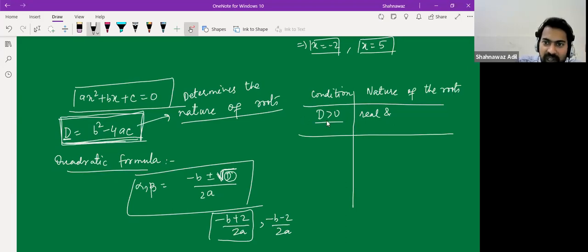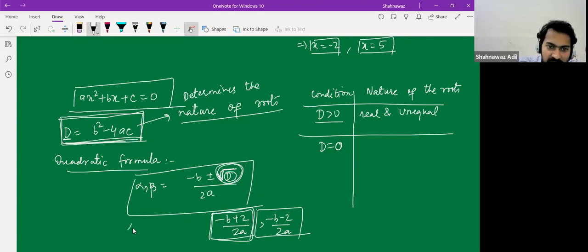If D is greater than 0, then your roots alpha and beta will be real and unequal. Now let's say D is 0, so this part is 0. So we'll have plus 0 and minus 0.